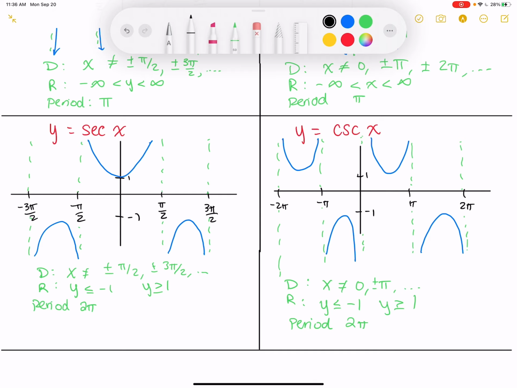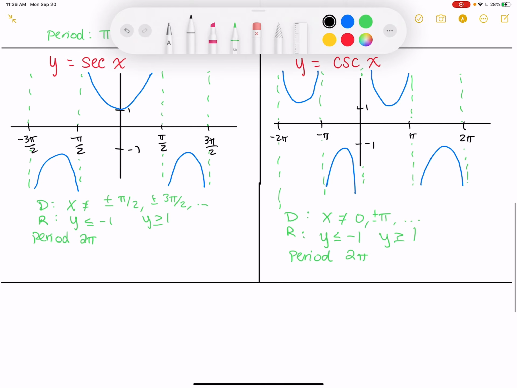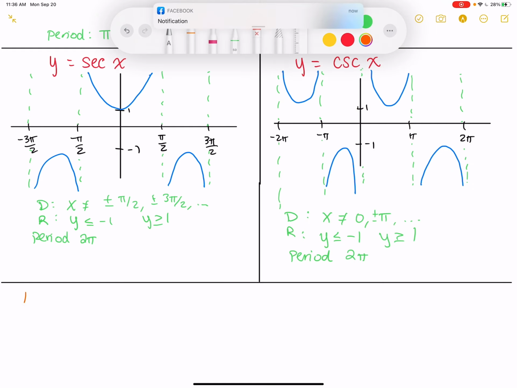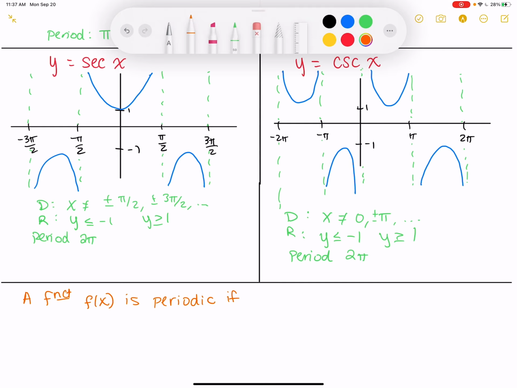And there's one more little thing to talk about here. A function f of x is periodic if there is a positive number p such that f of x plus p is equal to f of x for all x.